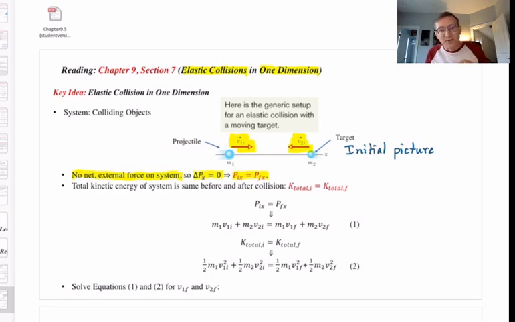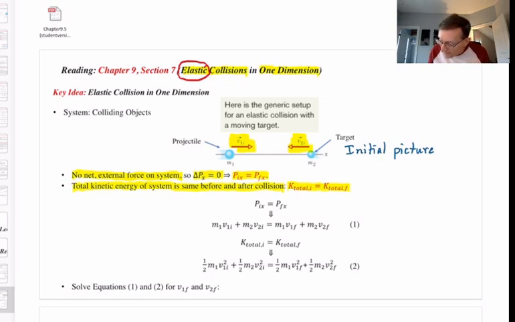But there's another constraint that has to be satisfied, because remember, if the collision is one of those special kinds called an elastic collision, that word elastic in physics has a specific meaning. It means the total kinetic energy of the system is the same before and after the collision. K total initial equals K total final.